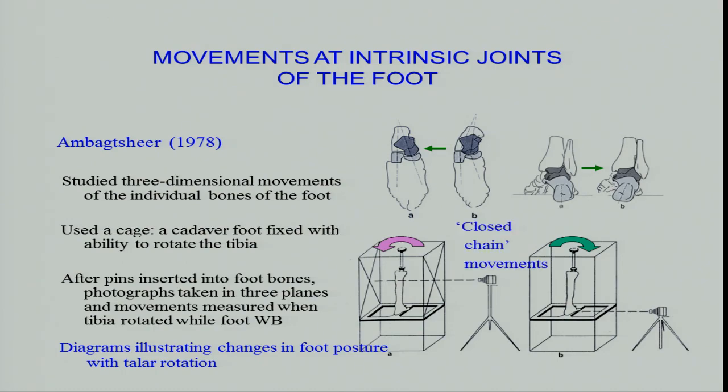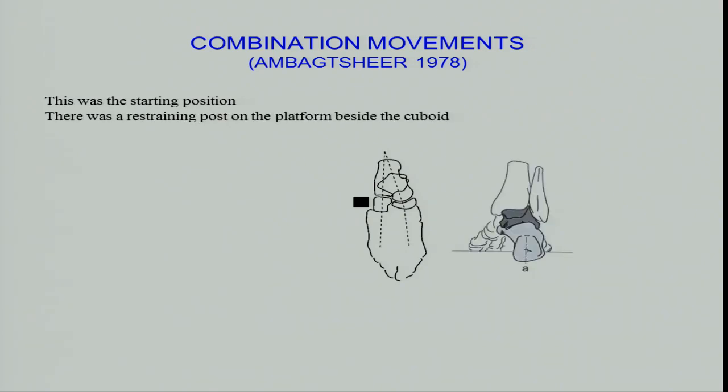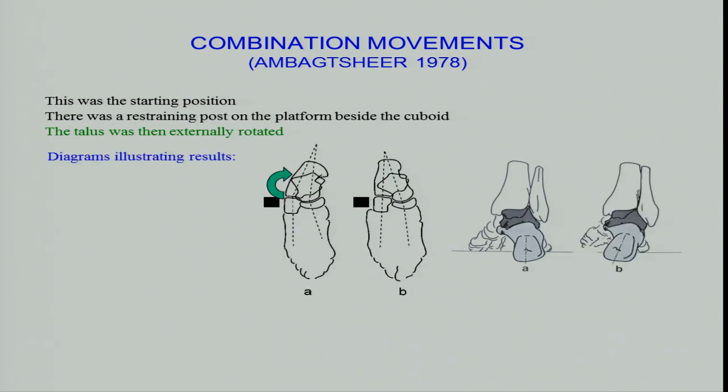The midfoot actually supinates further than the calcaneus. We'll come to that. So this was the starting position. There was the block. He supinated the talus, or the tibia, and we got that lateral swing movement.